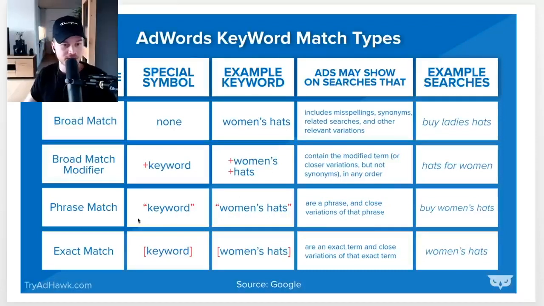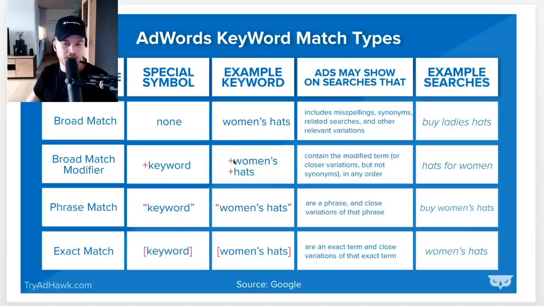And then there is the phrase match. When you put in these quotation marks around your keyword, then the keyword has to be part of the phrase that people type in the search bar. So when people type in buy women's hats, then my ad will also show up. And then we have the modified broad match.